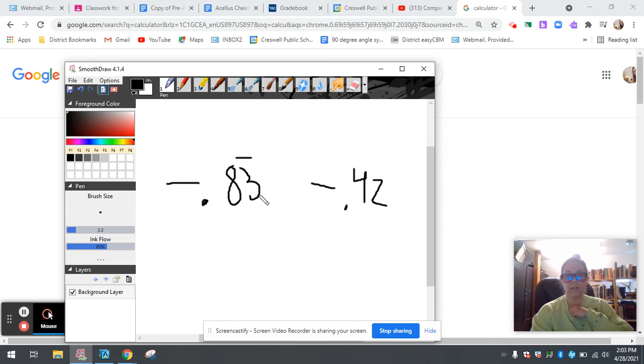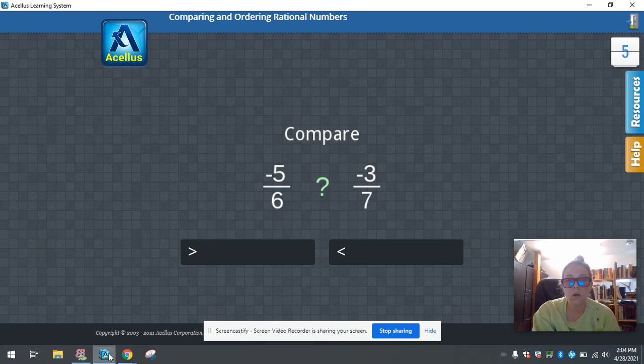So if I had owing someone 83 cents versus owing someone 42 cents, I've really got more money if I only owe someone 42 cents. So negative 3/7 is greater than negative 5/6.